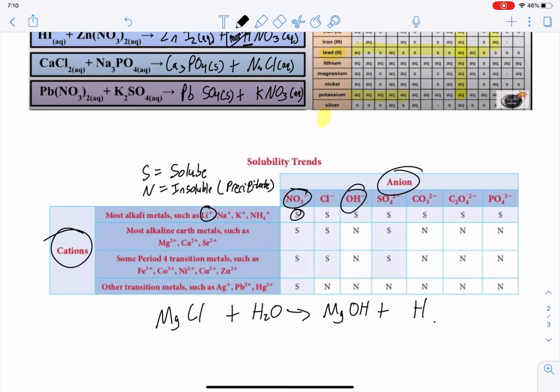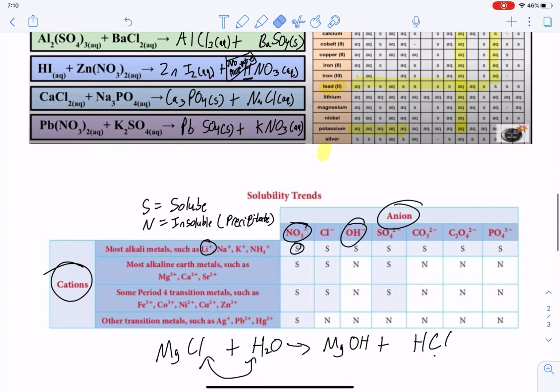And then we have hydrochloric acid, right? Because the hydrogens and the chlorines are going to work together. So then we can go back to this table, or we could also use this one. We have magnesium, and then we have it bonding with hydroxide. So that N means that it's insoluble. Okay? So once we know that it's insoluble, that's actually going to be a solid.